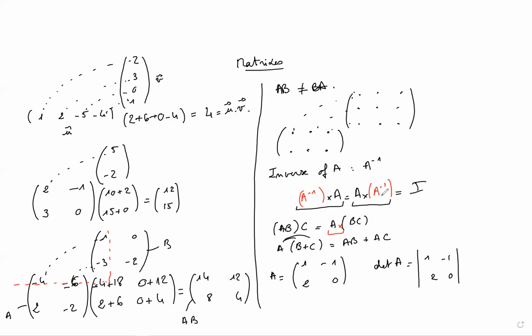And you compute that by multiplying this by this minus this times this. So your determinant is 1 times 0, which is 0, minus -1 times -2. So this is 2. It's not 0. If the determinant is not equal to 0, your matrix is invertible, which means you can compute an inverse for A.